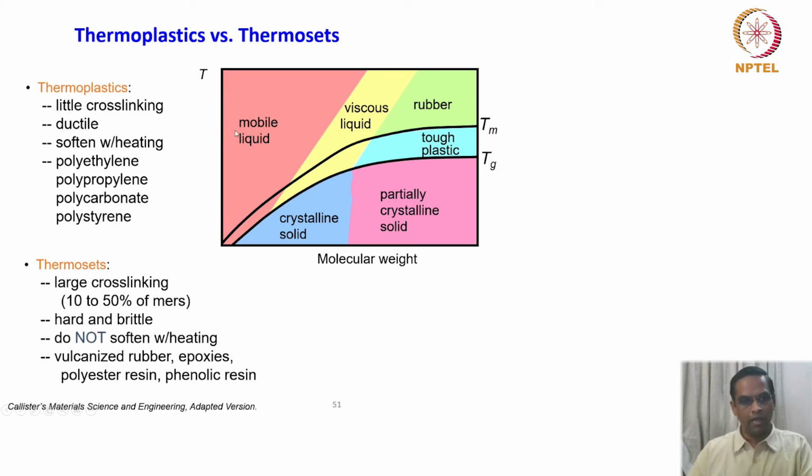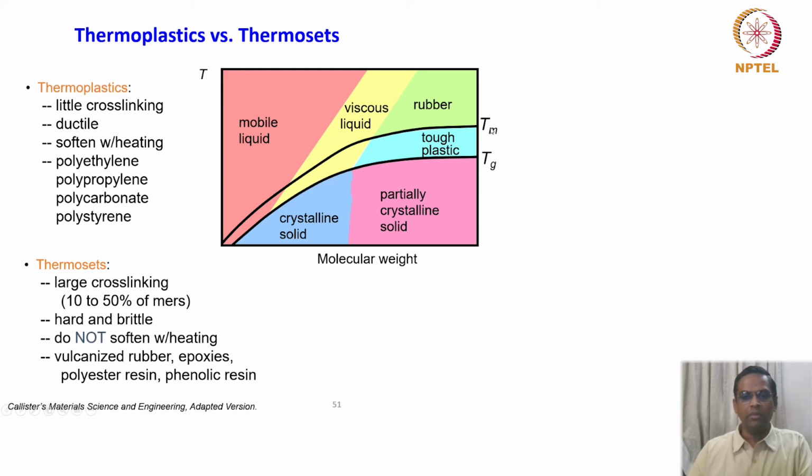But if you look at their general behavior versus temperature versus molecular weight, because we are talking about chain configuration, obviously the molecular weight has a significant role to play. As the temperature increases, it forms a mobile liquid in this region, and then with increasing polymeric molecular weight, you have the crystalline solid and partially crystalline solid, which is just below the Tg.